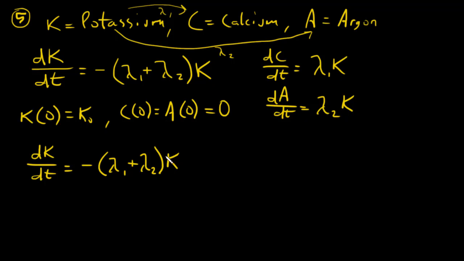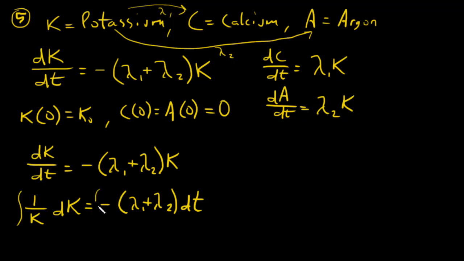Okay? And so I'm going to do separation of variables. I'm going to wind up with 1 over K dK is equal to negative (lambda 1 plus lambda 2) dt over here. Okay, so now that I have them separated, I can take the integral, and it's not going to be too bad, right? This is very familiar territory.